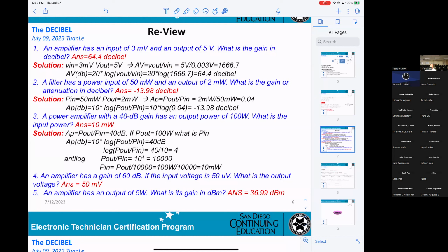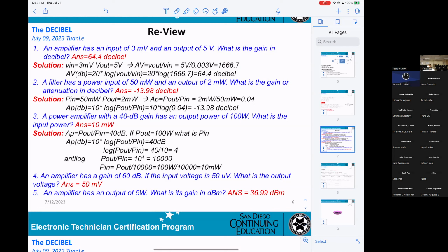You don't want volt, so you have to change to millivolt. If you're using the volt, you have to change to the volt. That's why 0.0003 volt. You get 1666.7. Okay. AV in dB equals 20 times log V out divided by V in.